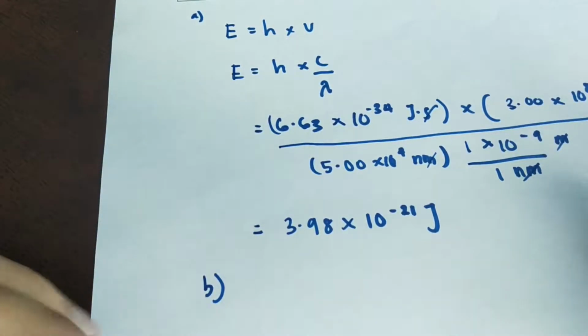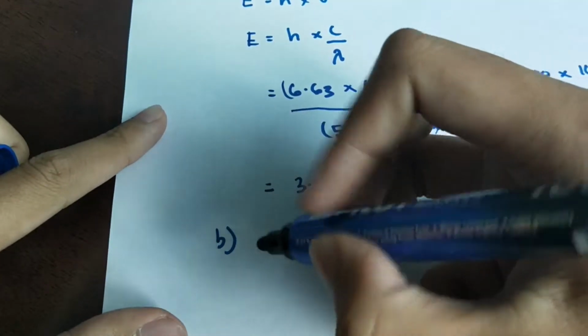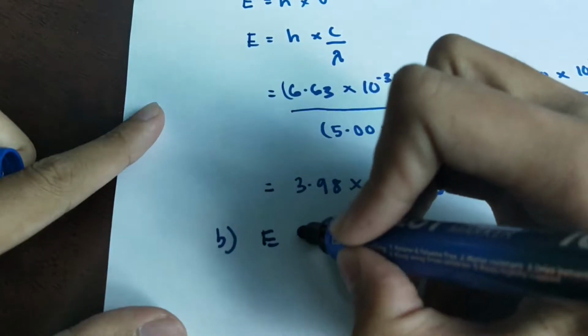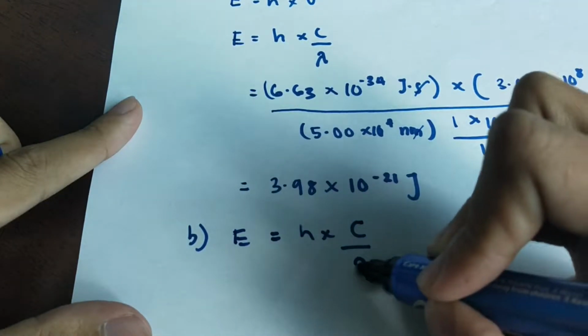So for question B, same steps, different wavelength. We start with the formula E equals h times the speed of light over lambda.